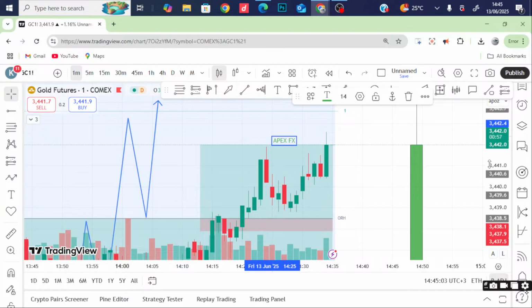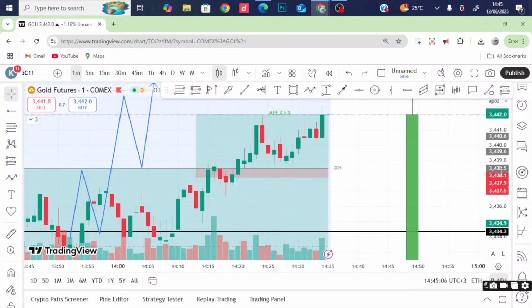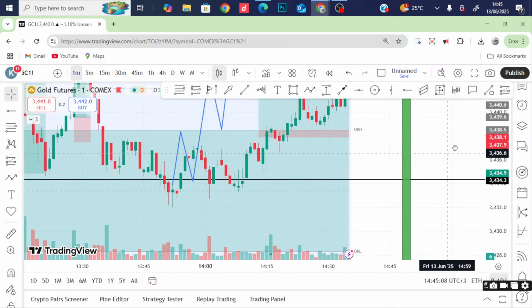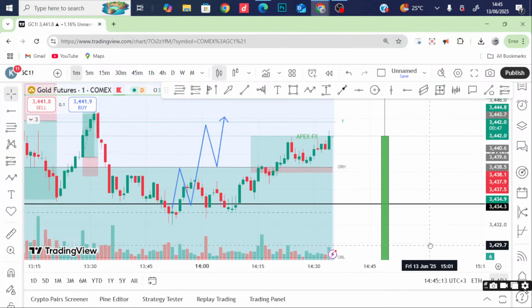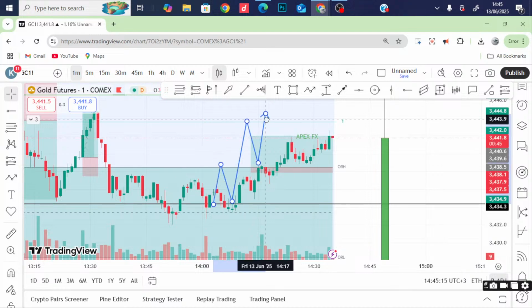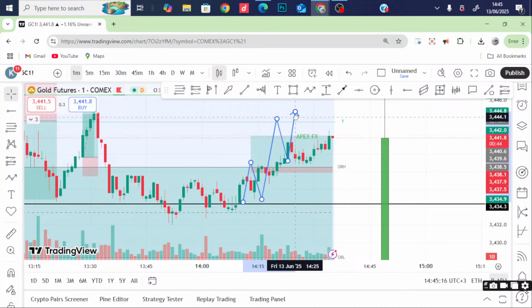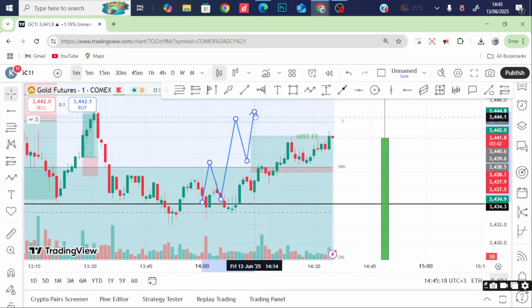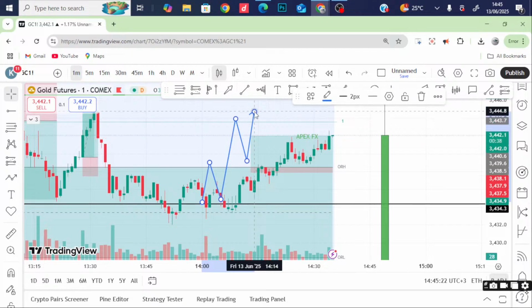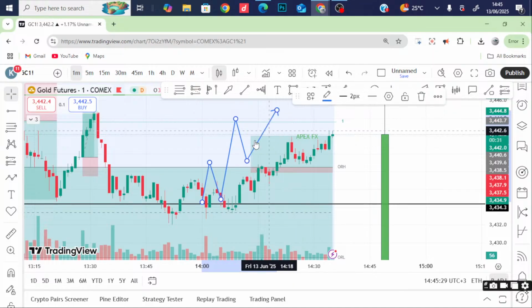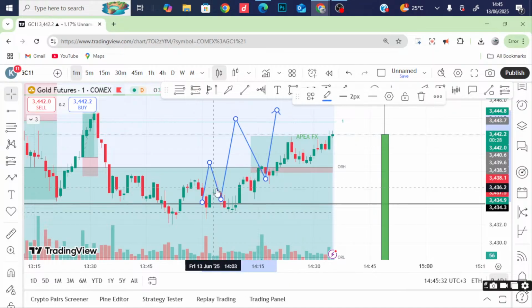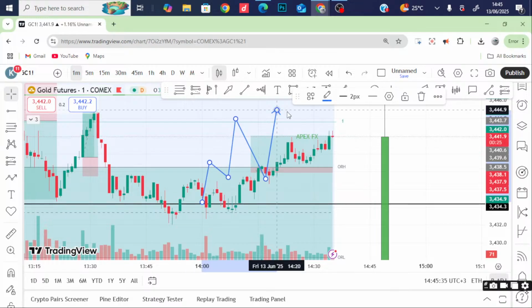It has been the open range breakout. This is the open range breakout strategy. As I said, we shall have an uptrend. I promised you, and that's the truth.